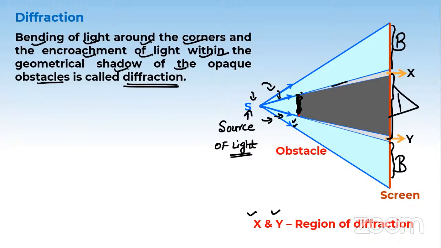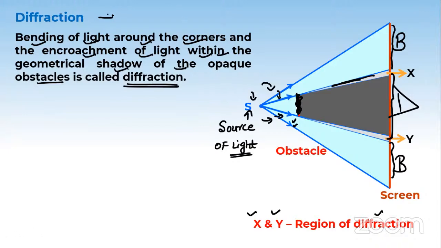I mean, light must go straight, but it's bending. This is the region of diffraction. Encroachment means the blockage of light within the geometrical shadow of the opaque obstacle.